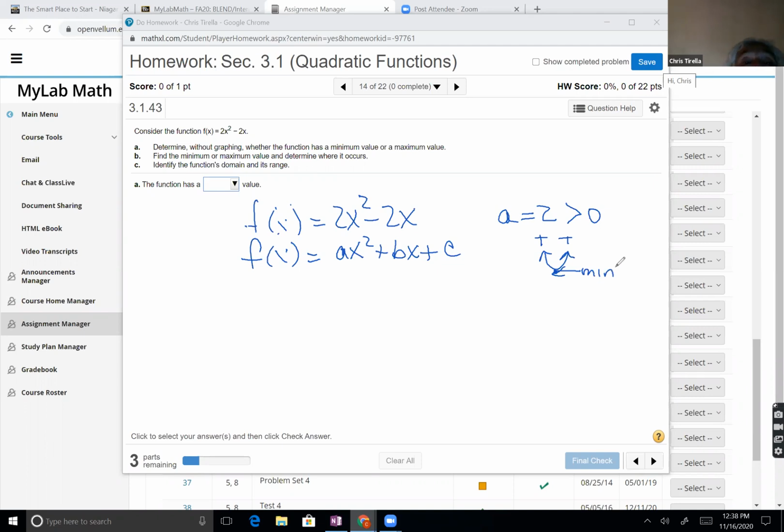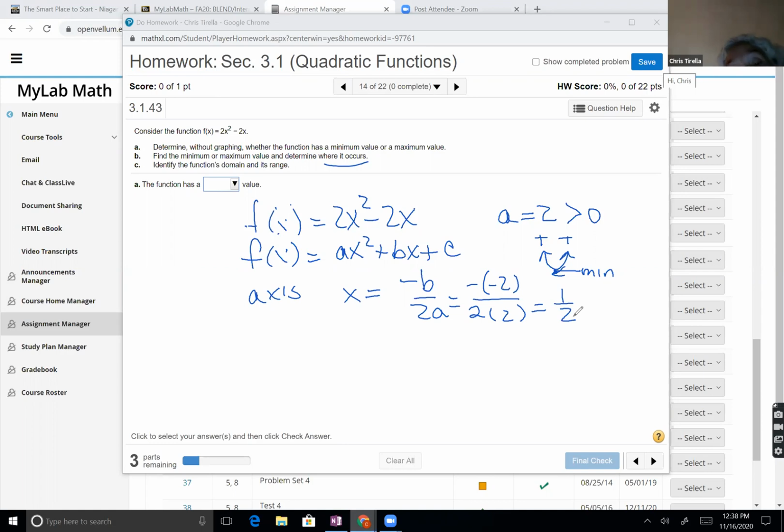Now, for part B, in order to find that minimum value, the first thing we're going to do is the second part, which is where it occurs. And it occurs on the axis of symmetry, which is the line x equals negative b over 2a. So here that would be the negative of b, which is negative 2, over 2 times a, which is 2. So that's at the x value of a half.